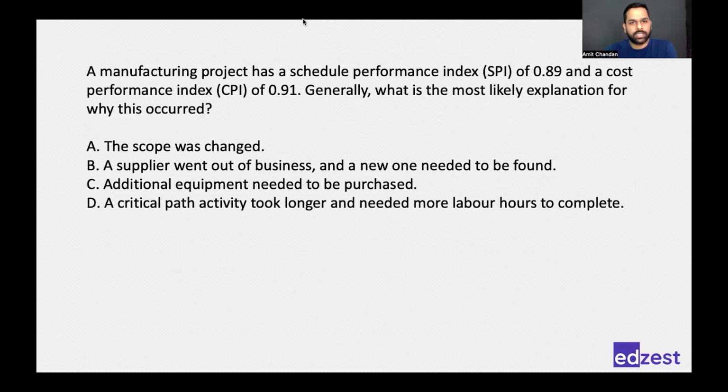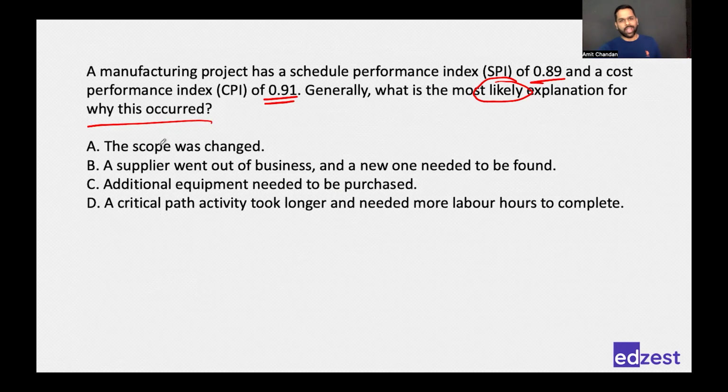All right, so let's discuss this. A manufacturing project has a schedule performance index SPI of 0.89 and a cost performance index of 0.91. Generally, what is the most likely explanation of why this occurred?